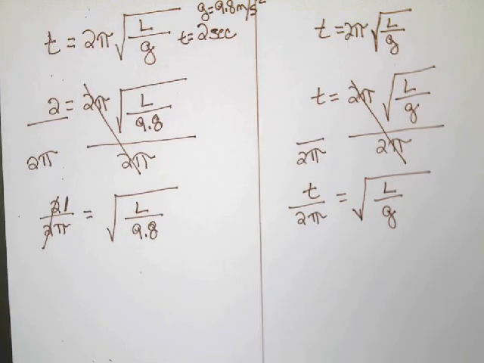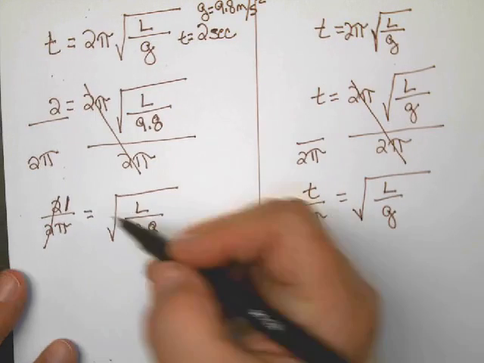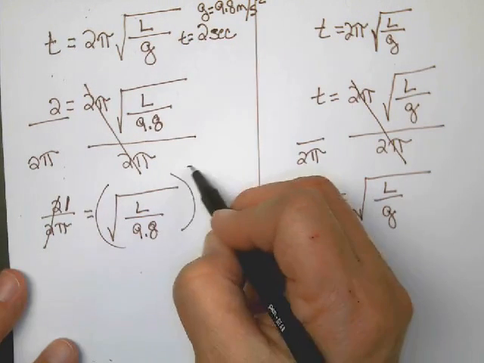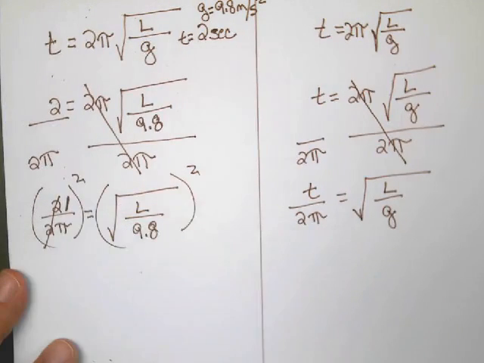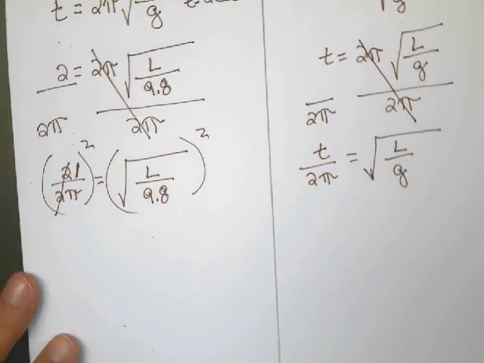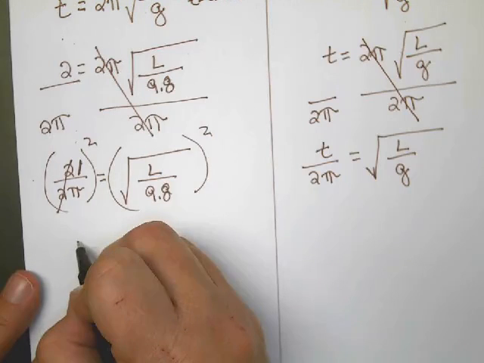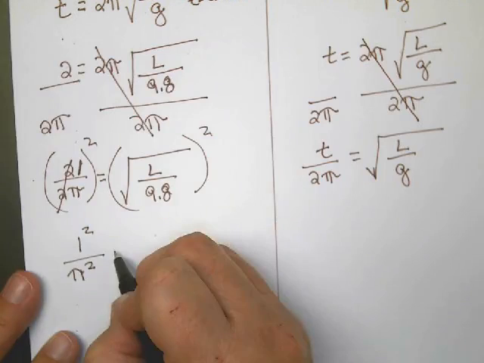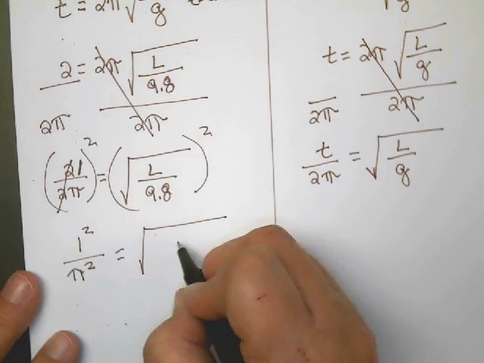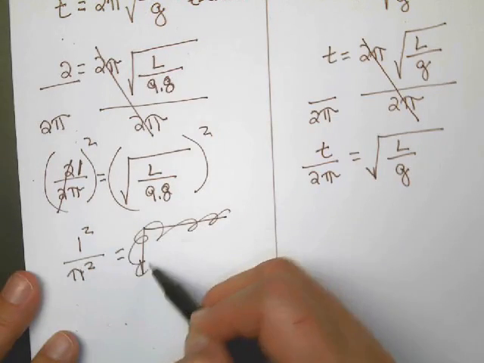Now I have to get rid of the square root sign. Well, the opposite of square roots is squaring. So if I square that side and I square that side, then I end up with 1 squared over pi squared equals, the square root goes away, L over 9.8.